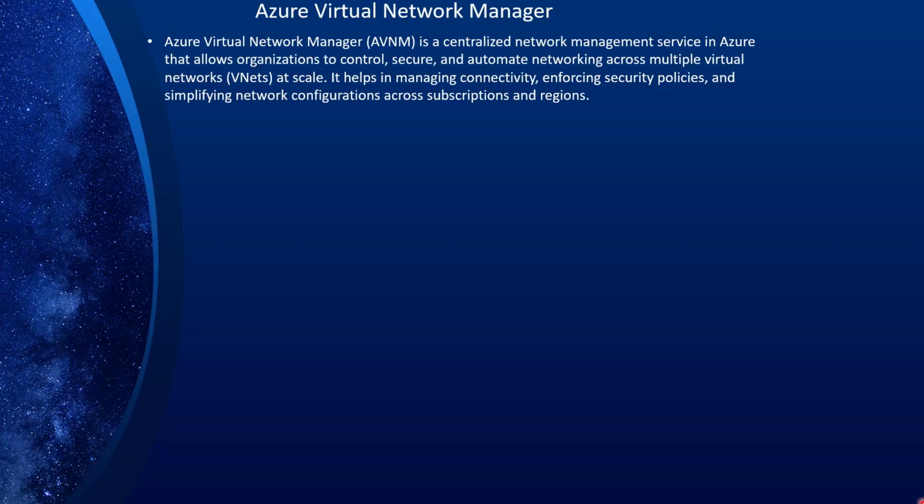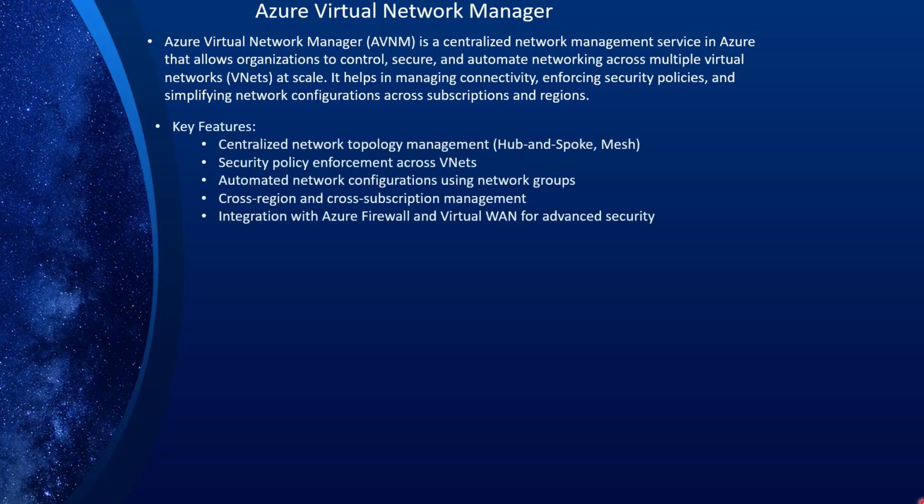Azure Virtual Network Manager, or AVNM for short, is a centralized network management service in Azure that allows organizations to control, secure, and automate networking across multiple virtual networks, or VNets, at scale. It helps in managing connectivity, enforcing security policies, and simplifying network configuration across subscriptions and regions.